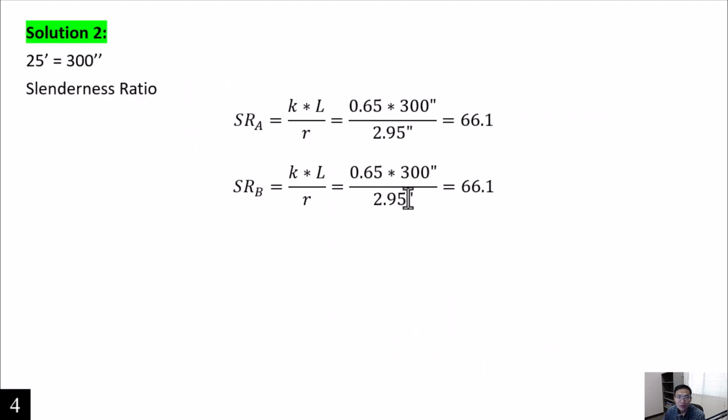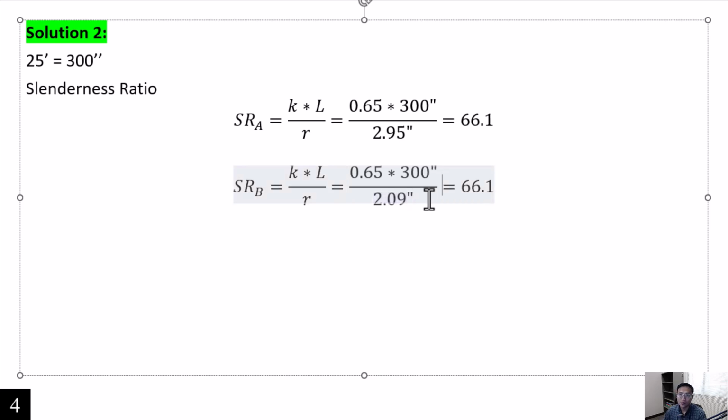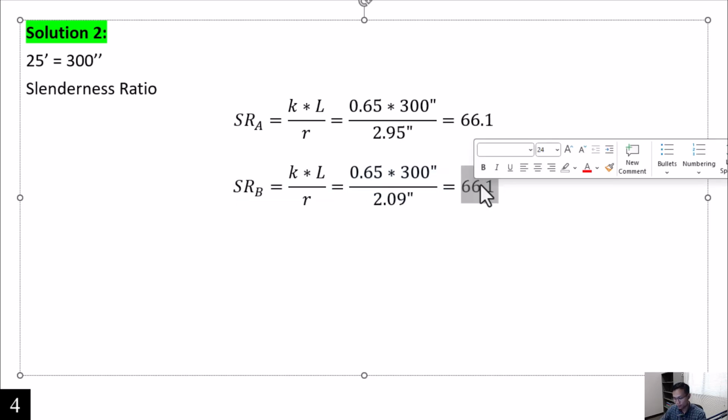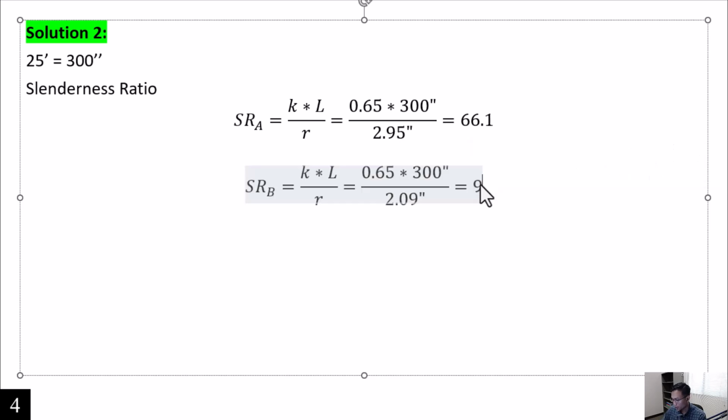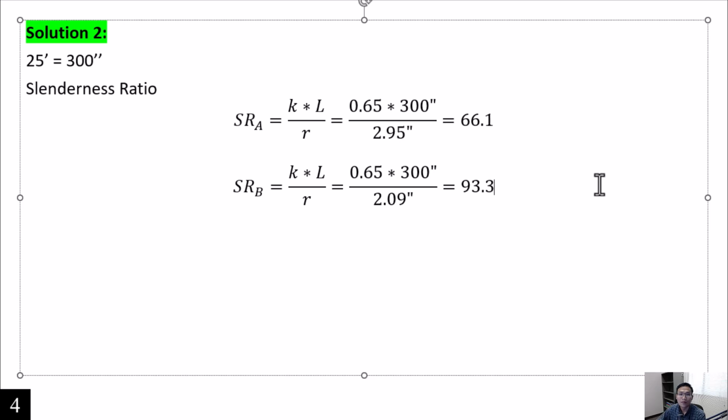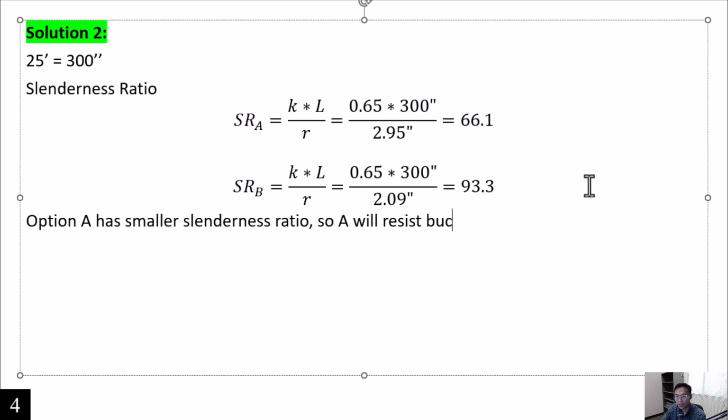So this one is 93.3. You see that option A has the smaller slenderness ratio, so A will resist buckling better.